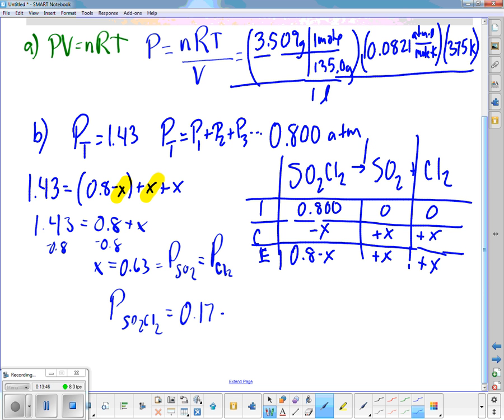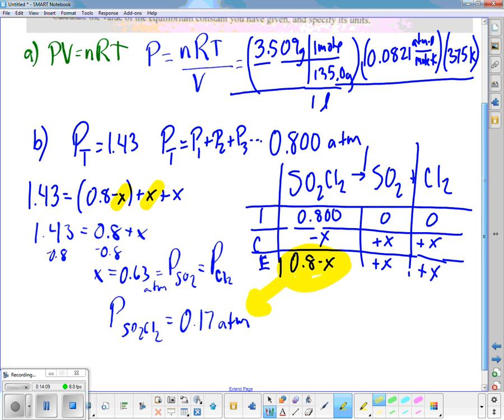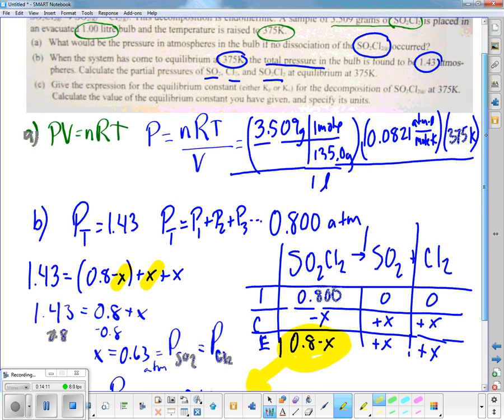And these are all atm. So I plugged x in here to get that, because the pressure of the actual substance is lower. Right. So let's go back up, see what it was asking, make sure we answered it. It wanted the partial pressures of each of those. So I just did that, and I gave the unit, which was atmospheres.